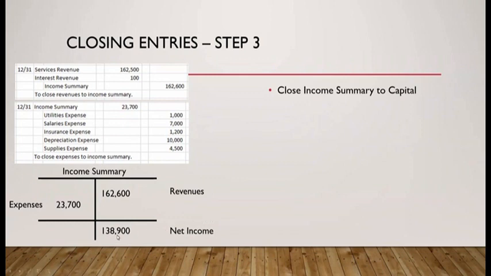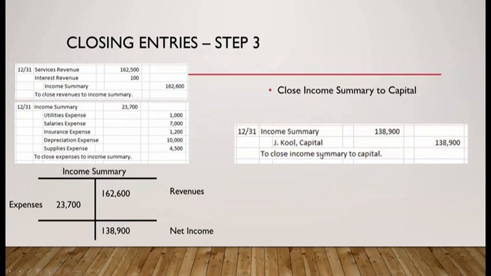So here's what we have to do. Right now, there's a credit balance in income summary, and we want to make it 0. So that means we need to debit income summary. If we debit one thing, we have to credit something else, and that credit is the capital account. So we credit J. Cool Capital for the $138,900.